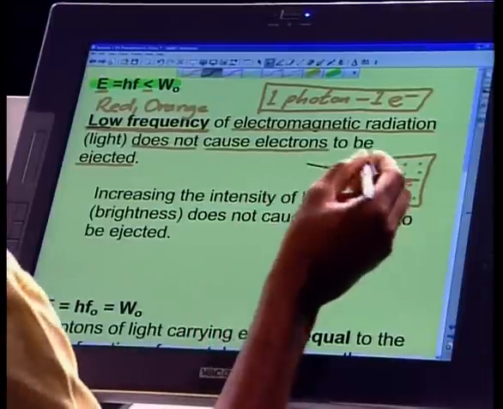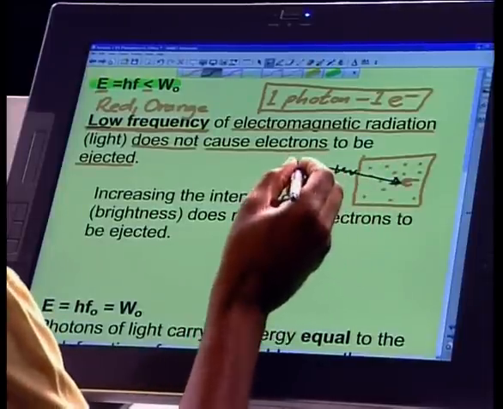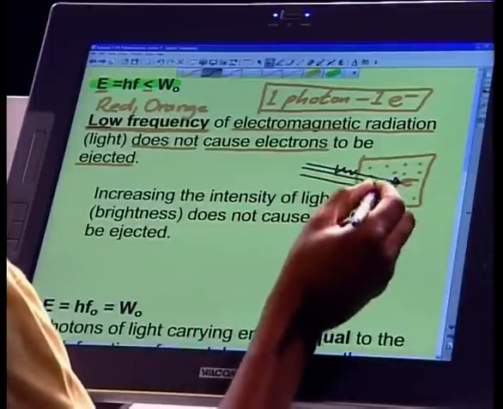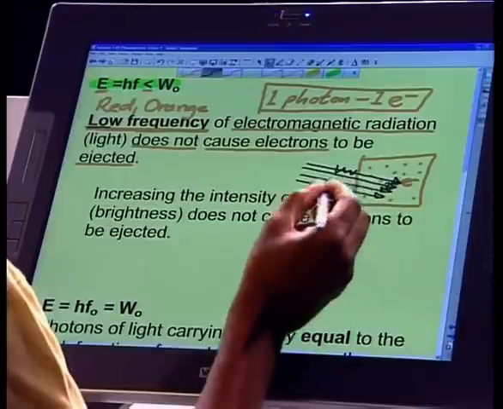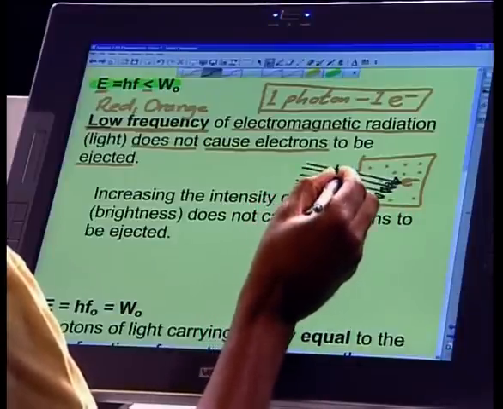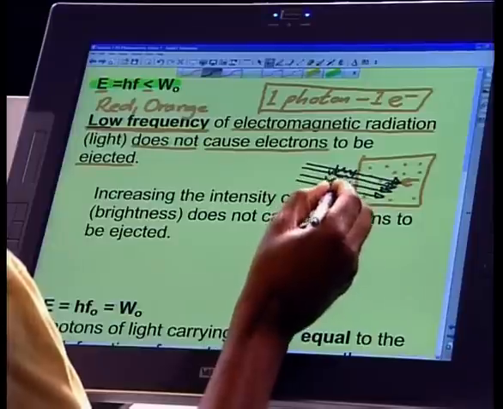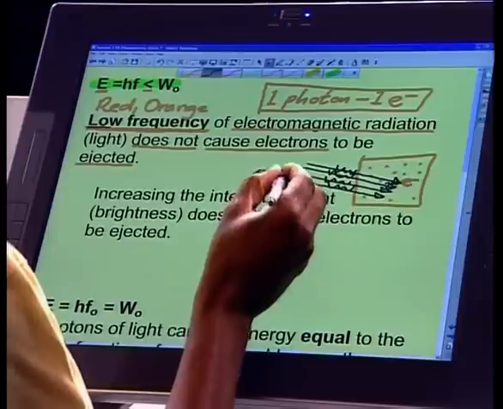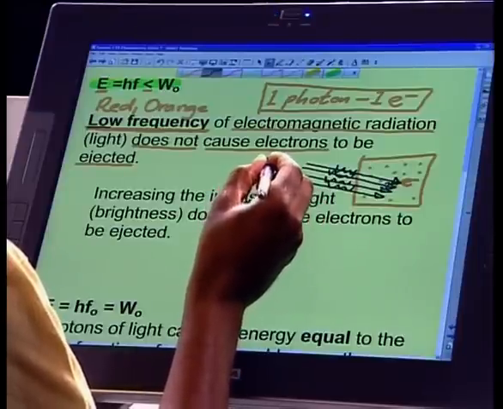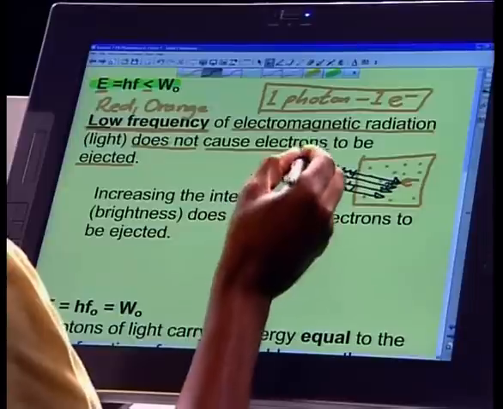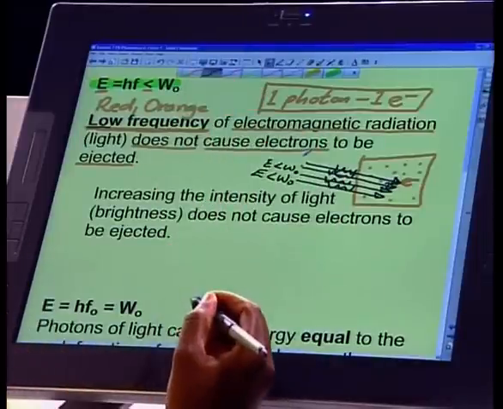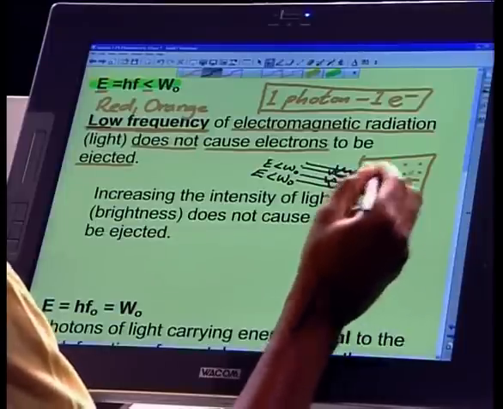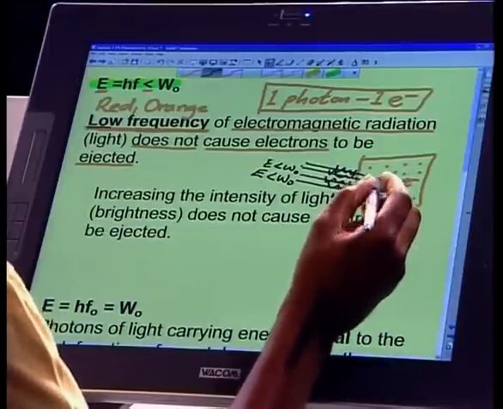Even though, remember, there are millions of photons of that light coming onto the surface, each one of them is carrying energy less than the work function. In other words, E for each of them is less than W0. Electrons won't be ejected. They will stay on the metal surface.